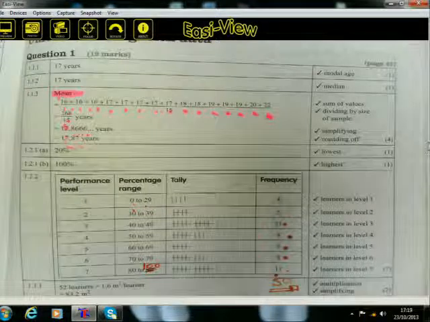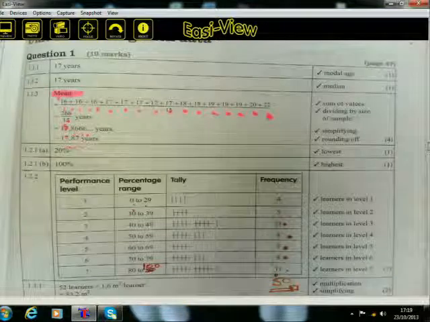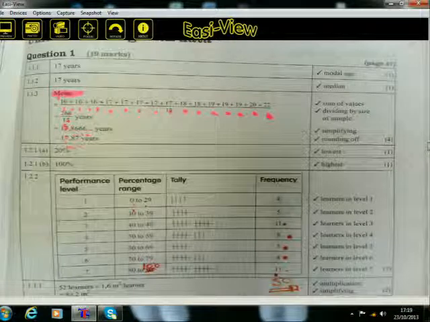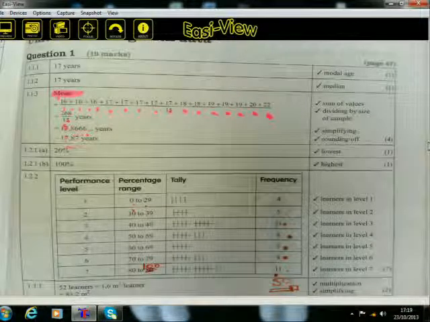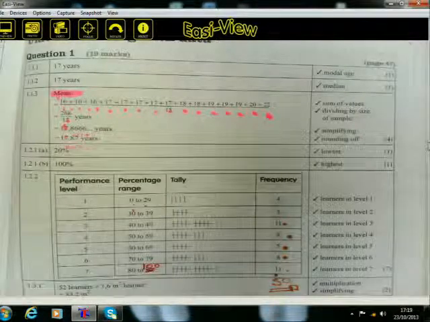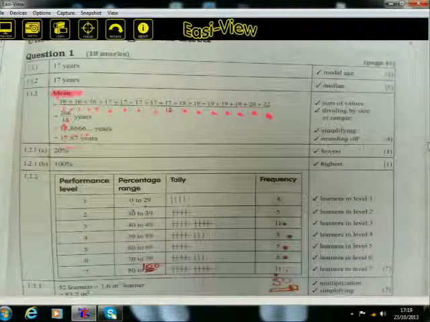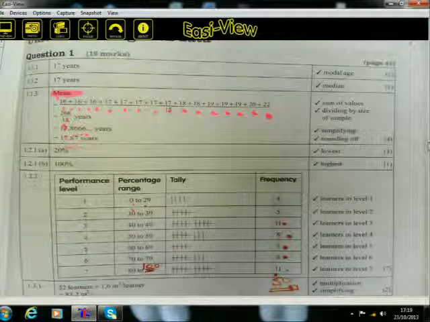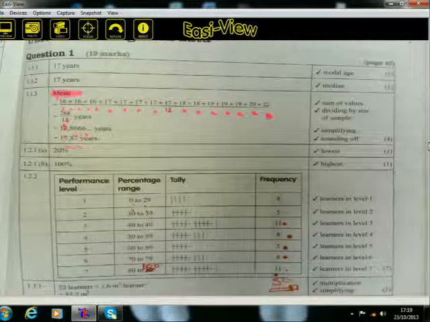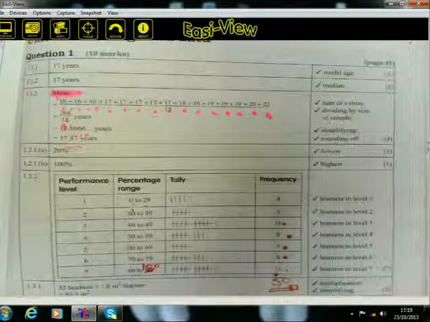Remember, they said that test is written in percentages. That is why they said lowest percentage, not lowest mark. If you just write 20, what does that 20 stand for? 20 marks? 20 cups? No, you have to write percentage. Because the question says, what is the lowest percentage? So you must write that 20 with its percentage.